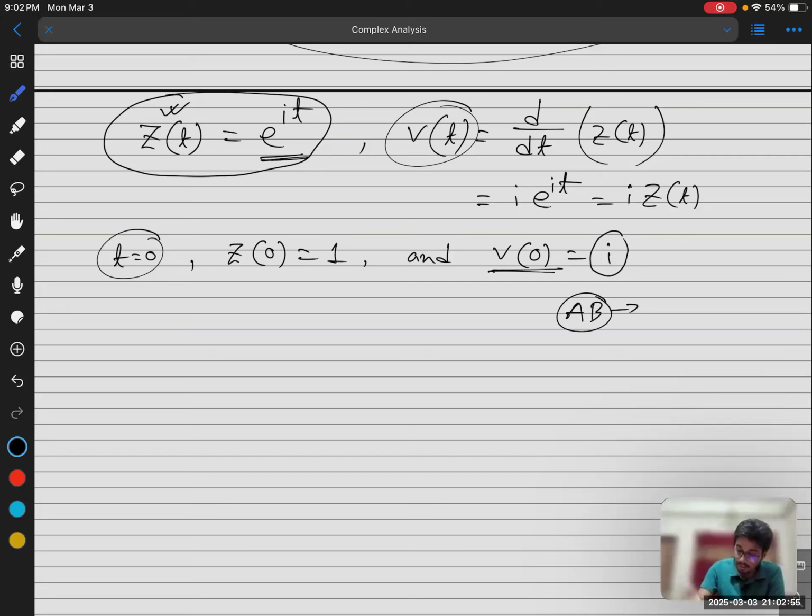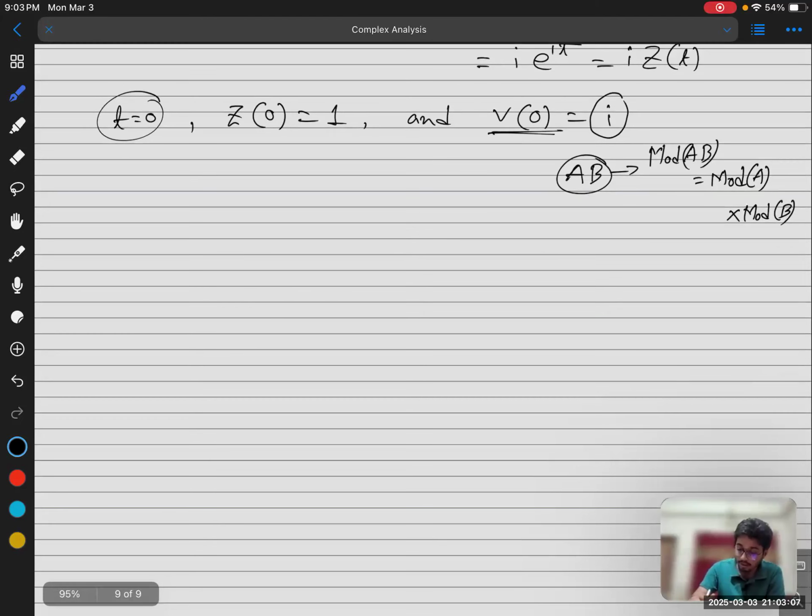So the modulus of ab will be the modulus of a times the modulus of b, as well as the argument of ab will be the argument of a plus the argument of b.